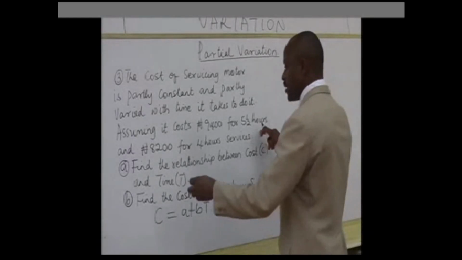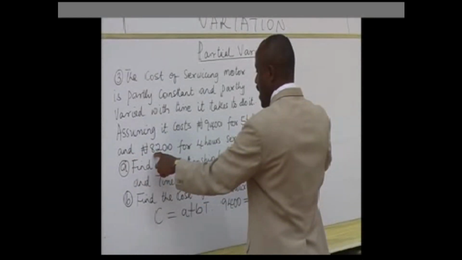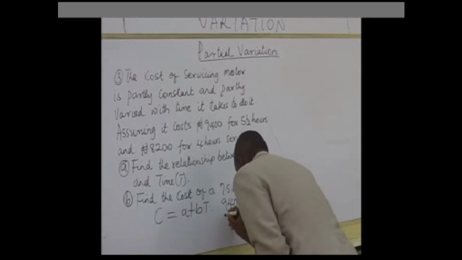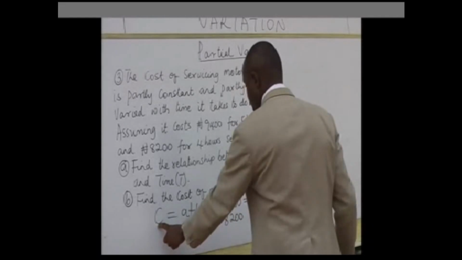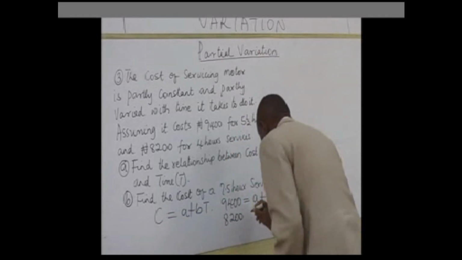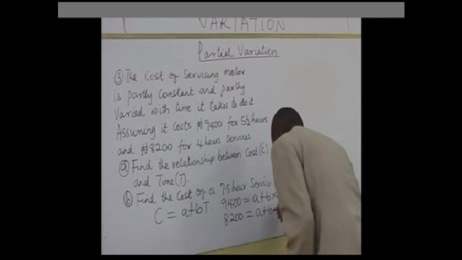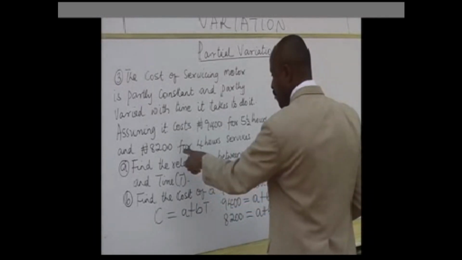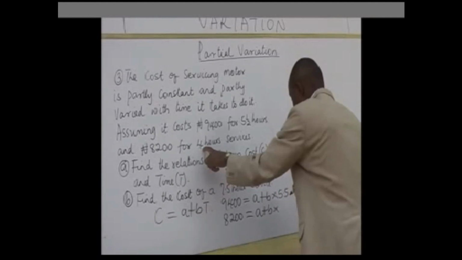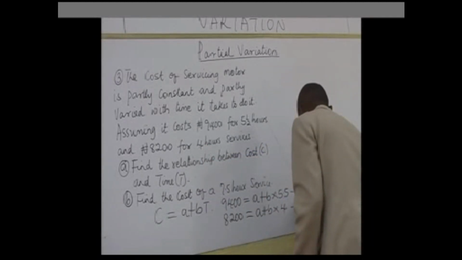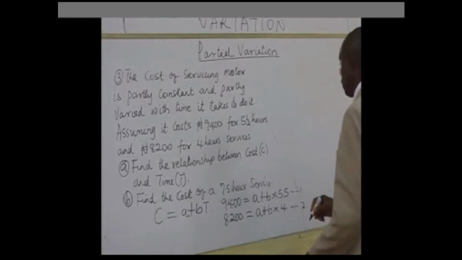Now equation 2 says 8,200. Use 8,200 this time to replace C in the equation. It's equal to A plus B times, what is the number of hours this goes for? 4. So we have 4. And this will form our equation 2.